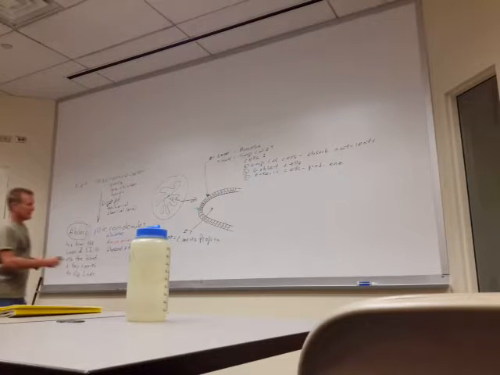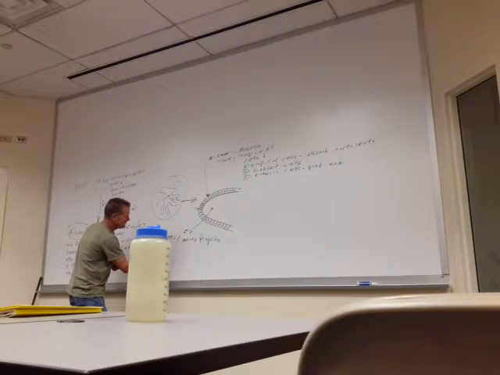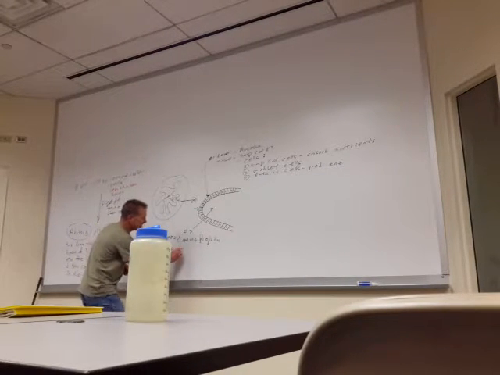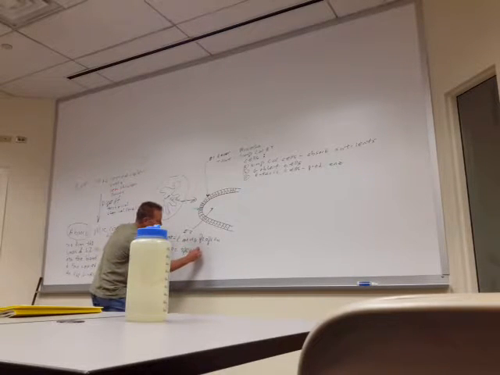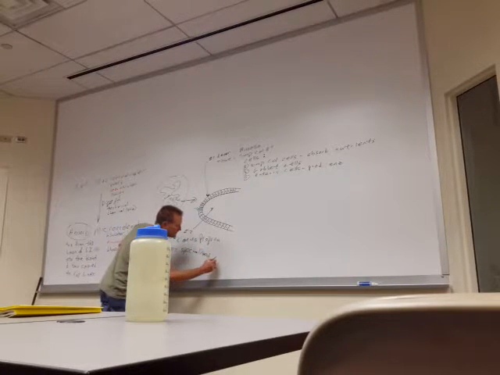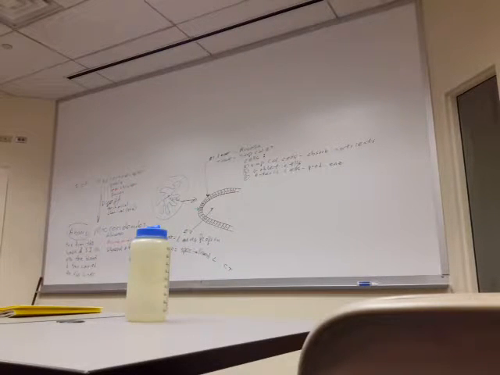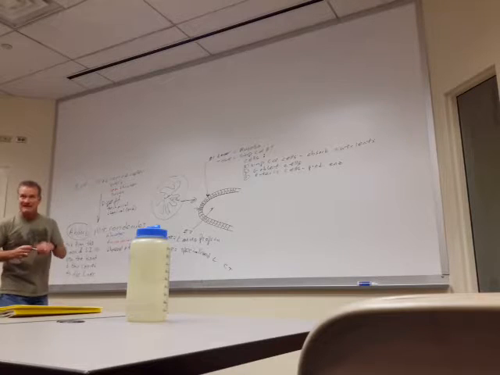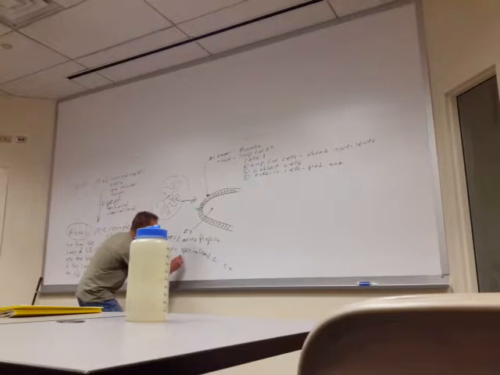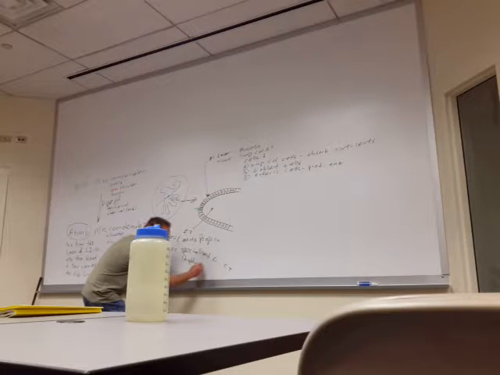The tissue here is a specialized loose connective tissue. So it's loose connective tissue, just like the loose connective tissue that you've got in your slide sets, but it's a specialized loose connective tissue. The specialization is that it's highly vascular.